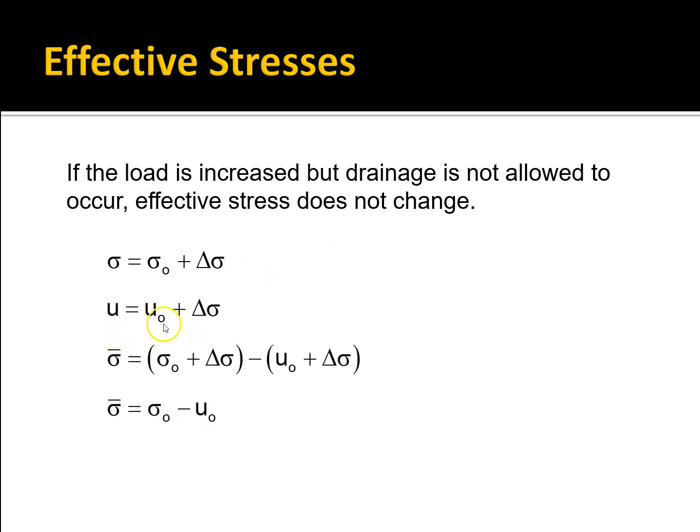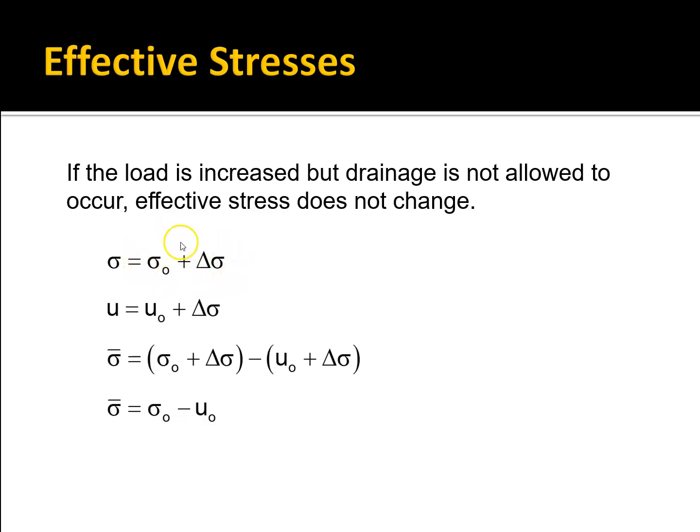And the pore pressure would be the initial pore pressure plus the change in load. So initially, when you apply a load to saturated soil, that increase in the load is felt all the way through the pore pressure in the soil. It's carried by the pore pressure initially. Now remember, the effective stress is equal to the total stress minus the pore pressure.